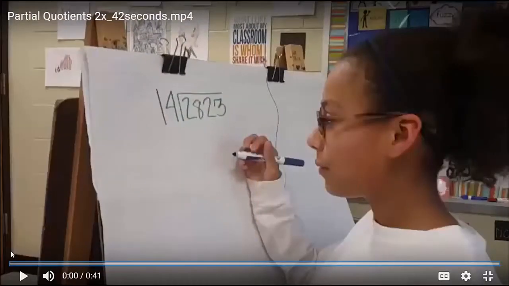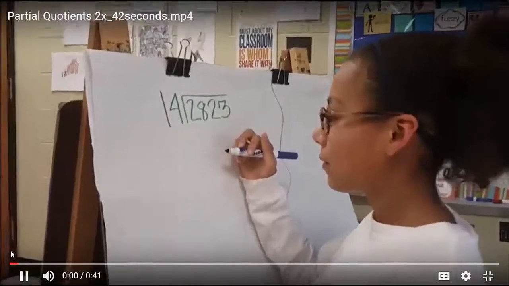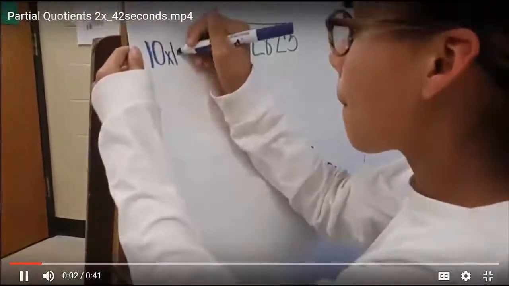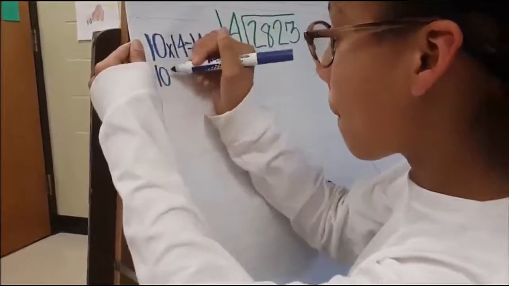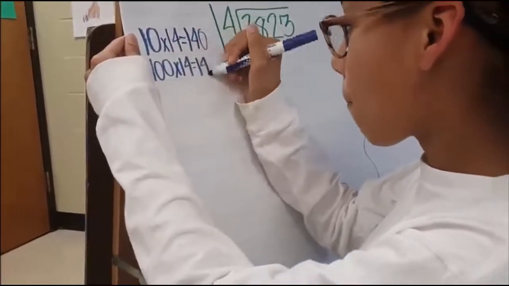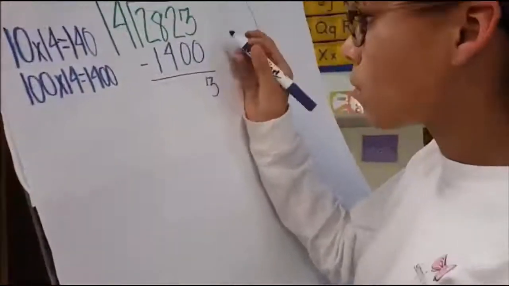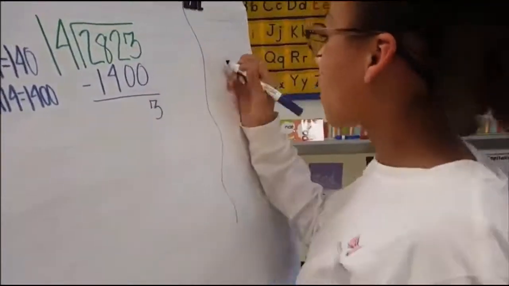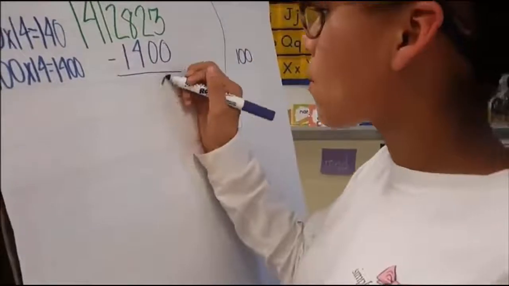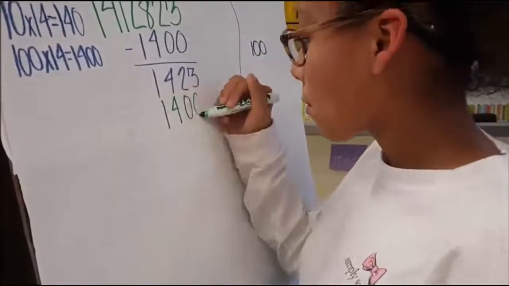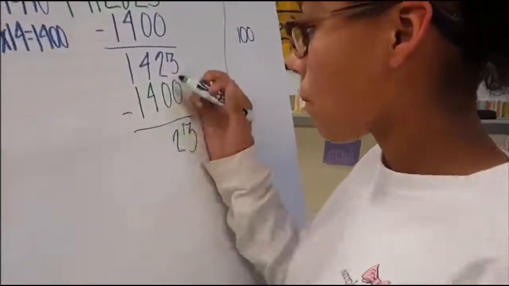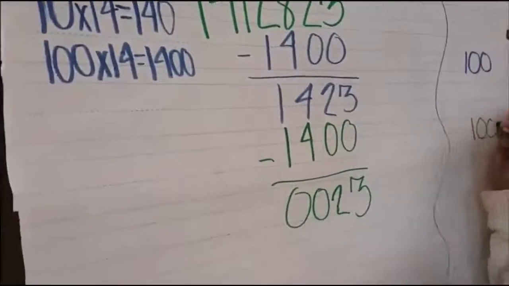Adrienne will show us the partial quotient strategy. She starts by listing things she knows about the divisor 14. She's multiplying 14 by powers of 10 until she finds a product close to the dividend. When she finds this number, she'll list the partial quotient to the side and subtract that product from the dividend. She'll continue with her partial quotients until she can no longer divide it into the remaining dividend.